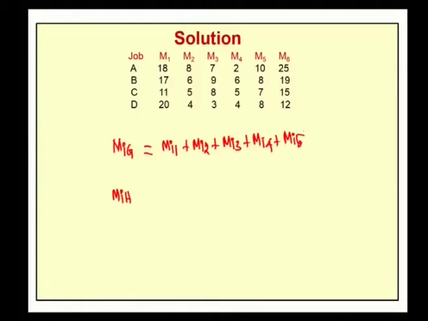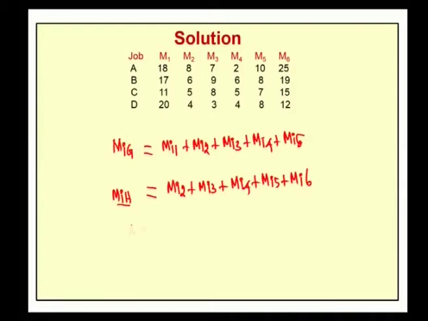So, the sum of processing time of machines 1, 2, 3, 4, 5 is the new processing time of machine G, and the processing time of H is processing time of machine 2 plus machine 3 plus machine 4 plus machine 5 plus machine 6. So, the processing time of the new machine H is the sum of processing time of machine 2, machine 3, machine 4, machine 5 and machine 6.